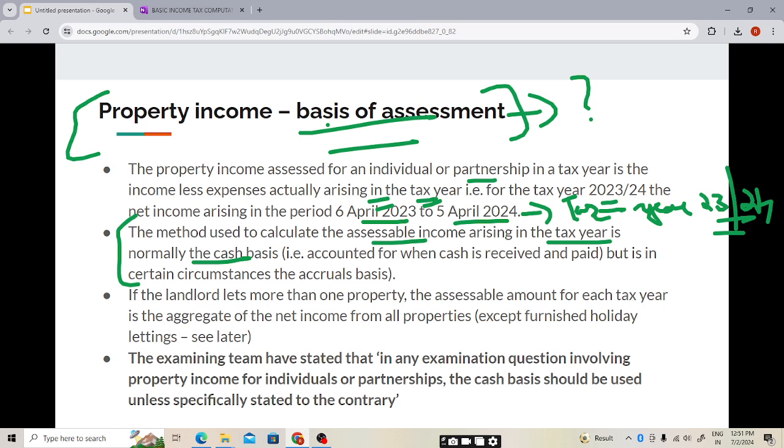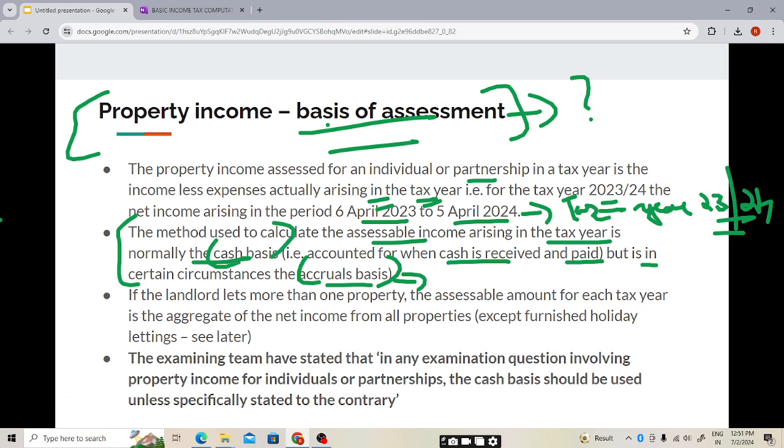Especially for the property income head, we will be taxing property income by default on the cash basis. What does cash basis mean? Cash basis means accounted for when cash is received and cash is paid, but in certain circumstances the accrual basis will be used. There are certain rules to be fulfilled in order to follow the accrual basis, but the default basis is cash basis.